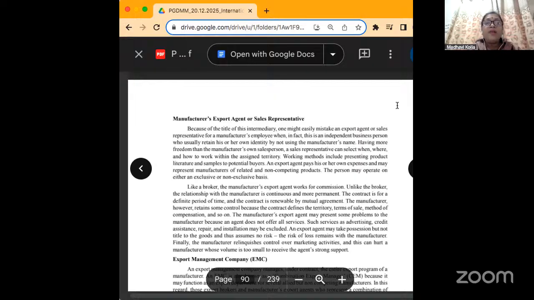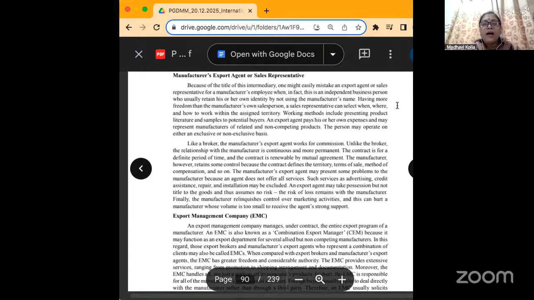They're not part of the employment of the manufacturer. So they therefore have more freedom than a manufacturer's own salesperson, a sales representative in this case, because they are doing their own business, so they can select when, where, and how to work within the assigned territory. We also know that an export agent may be representing the company in more than one nation.